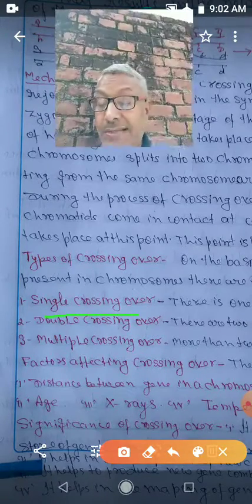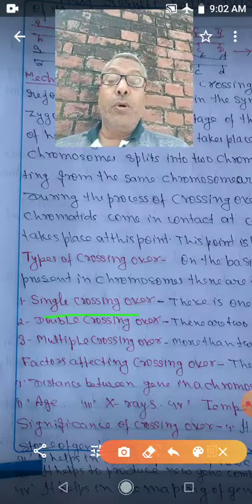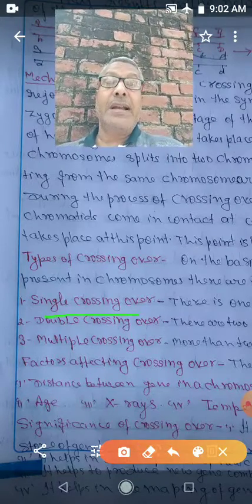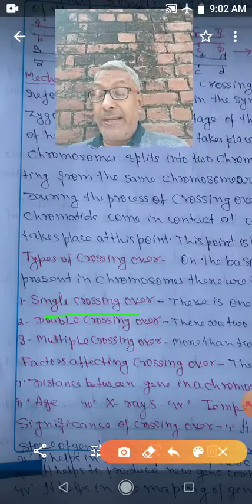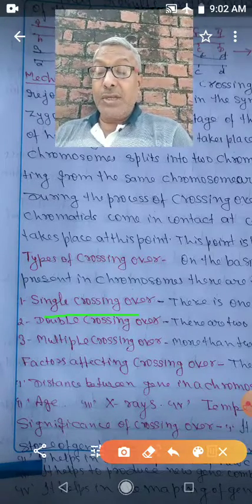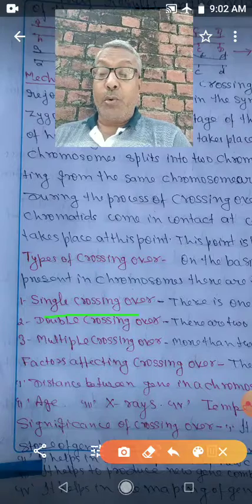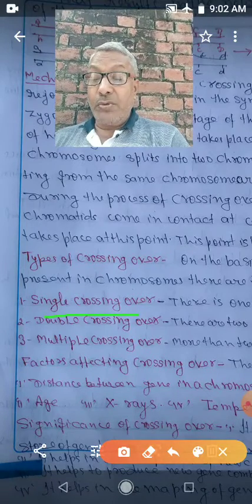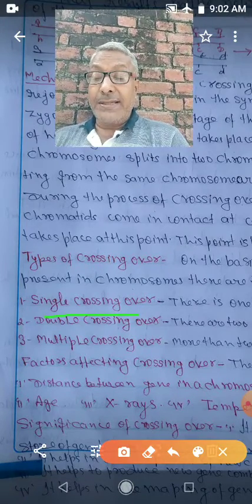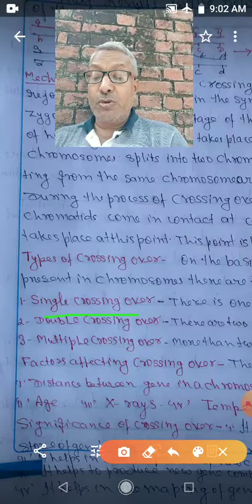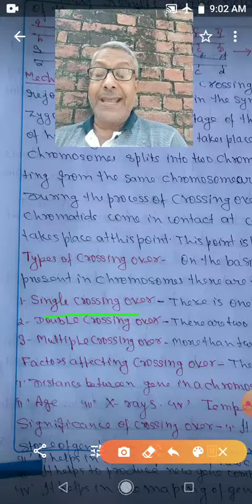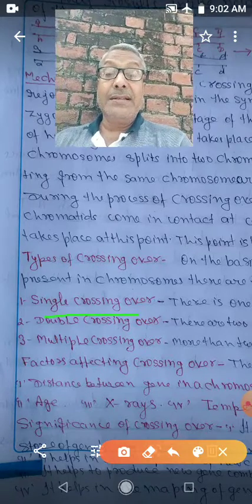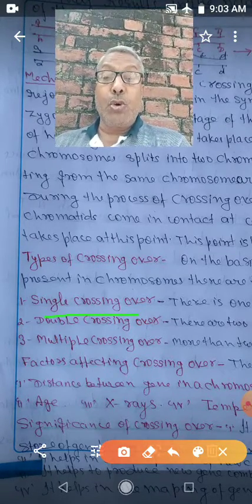In single crossing over, there is only one chiasma. It means the breaking and rejoining is taking place only at one point. The chromosomes break only at one point along the entire length. So this is known as simple crossing over.